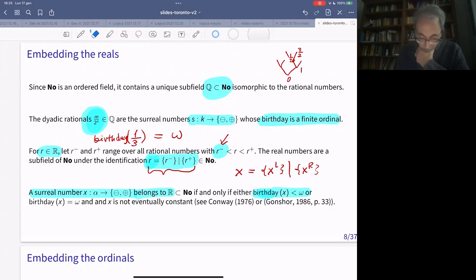Either it is finite, or it has length omega, but in case it has length omega, it's not eventually constant.